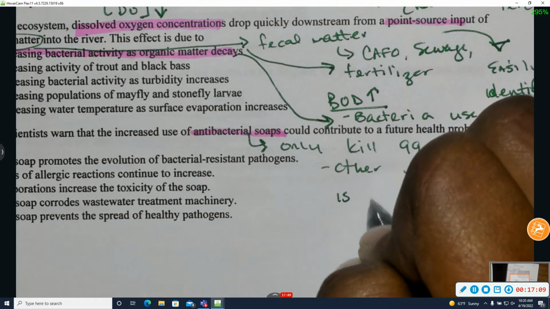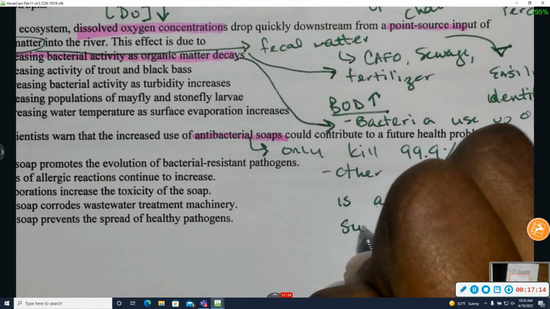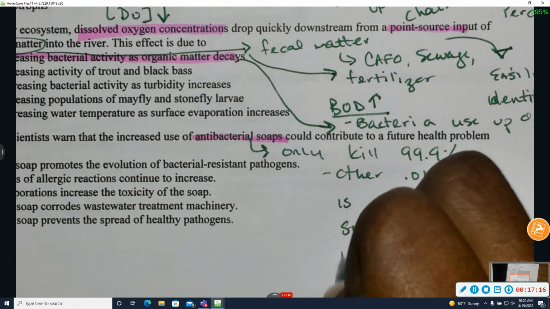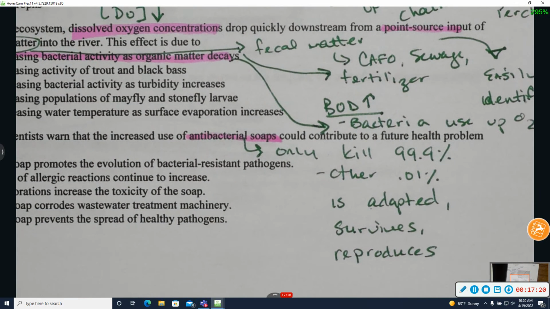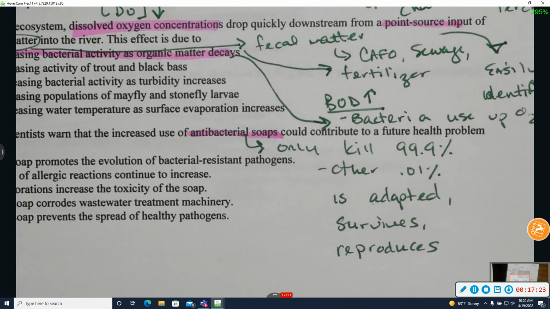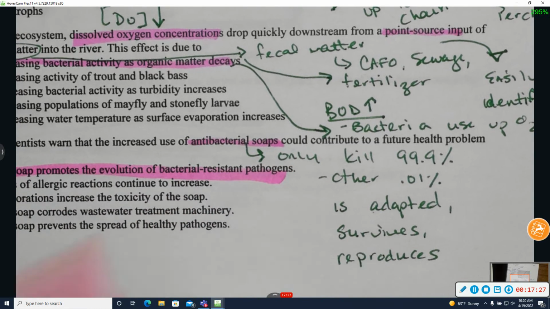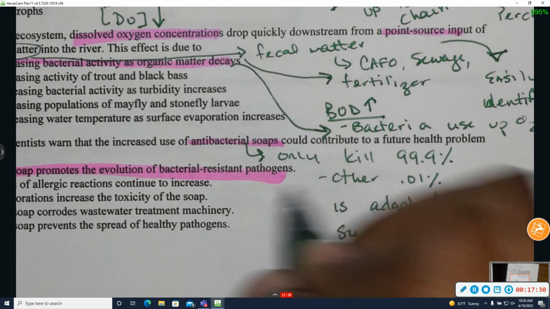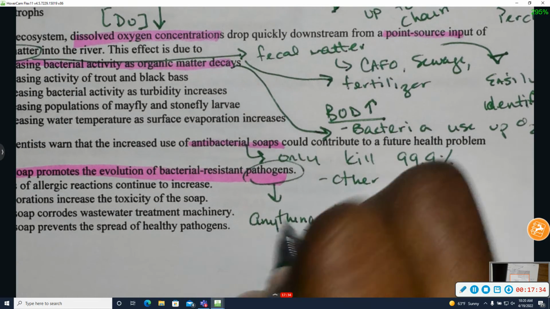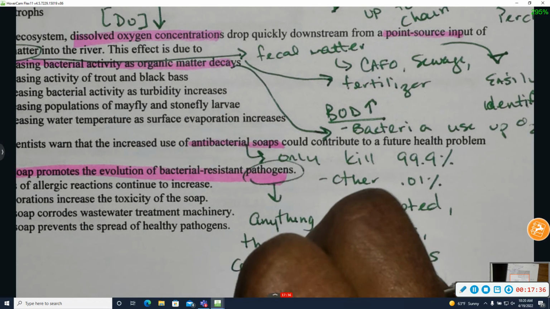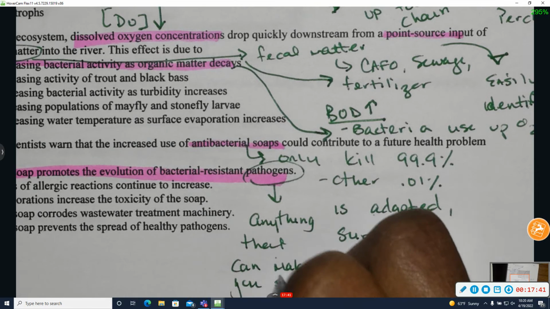It is more adapted, so it survives, reproduces, and then becomes that dominant bacterial strain. Okay, so why is it a future health problem? Because the soap promotes the evolution of bacteria-resistant pathogens. Remember, pathogens are anything that can make you sick.